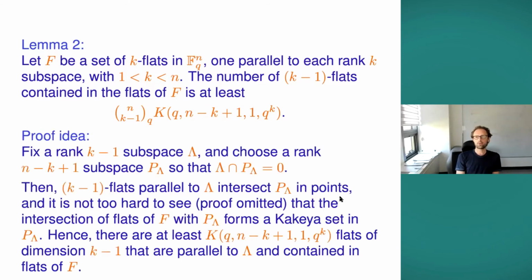And this is where we use the polynomial method, or we're not really using the polynomial method. We're just using the bound on the Kakeya set as a black box.